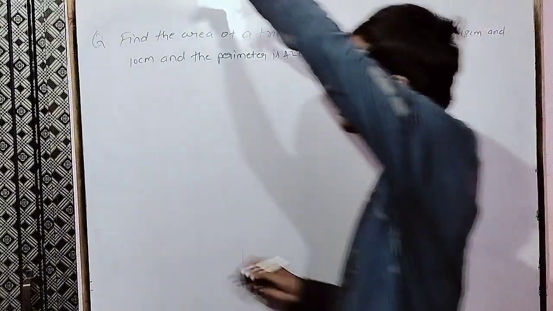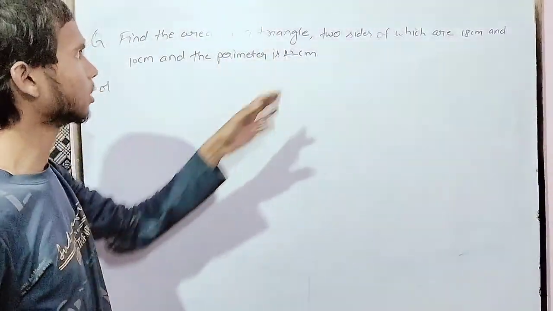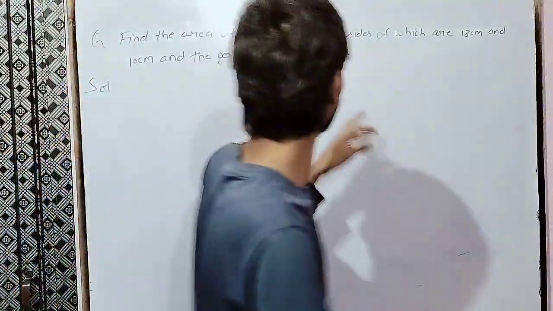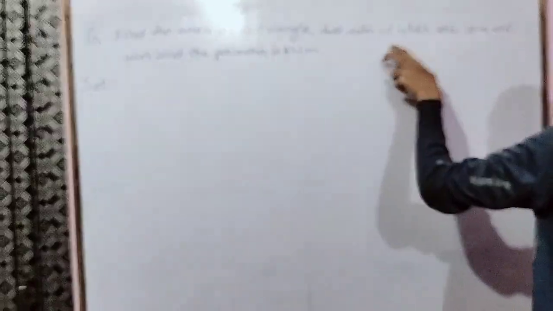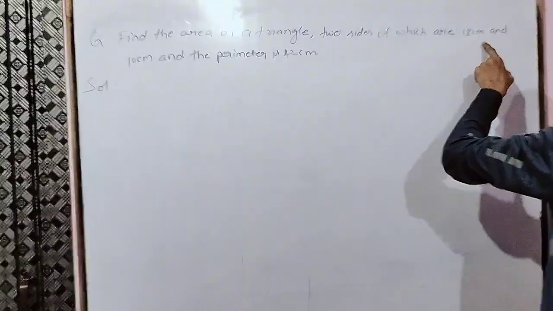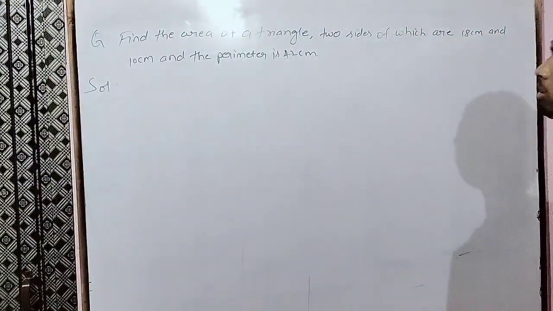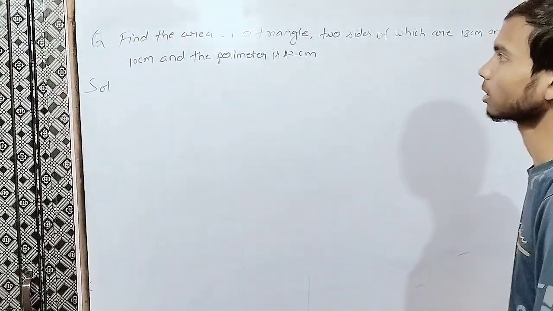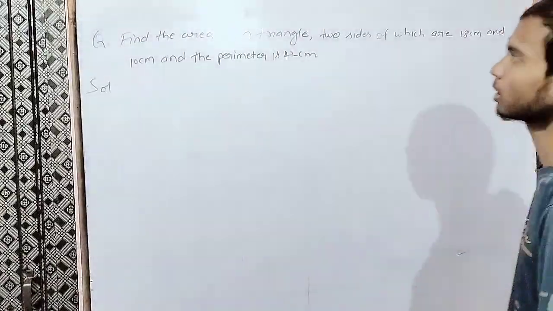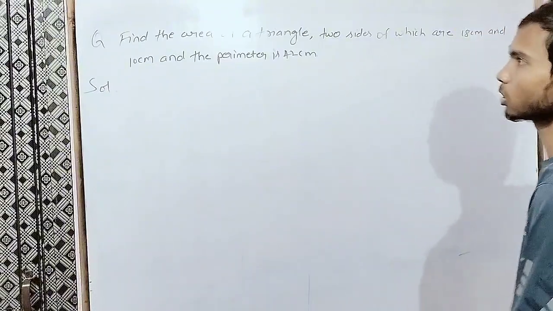It is saying find the area of a triangle. There is a triangle in which two sides are 18 centimeter and 10 centimeter. But the measure of one side of the triangle is not given, but the perimeter is given, which is 42 centimeter.